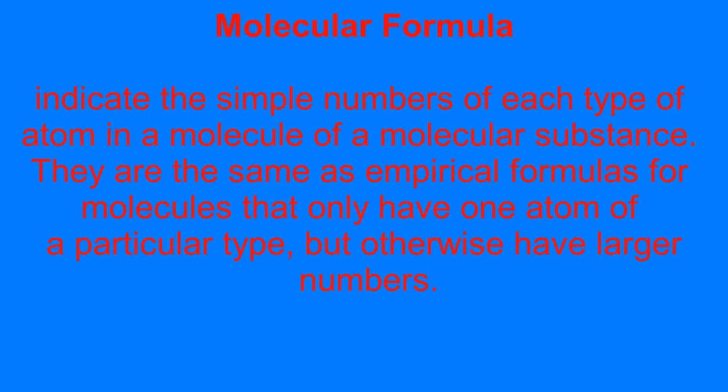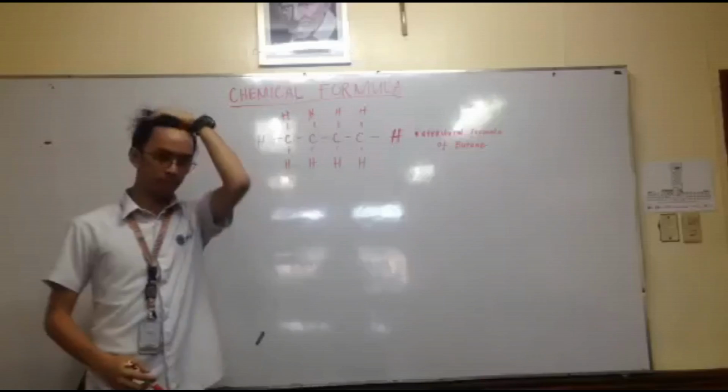Molecular formulas indicate the simple numbers of each type of atom in a molecule of a molecular substance. They are the same as empirical formulas for molecules that only have one atom of a particular type, but otherwise have larger numbers.